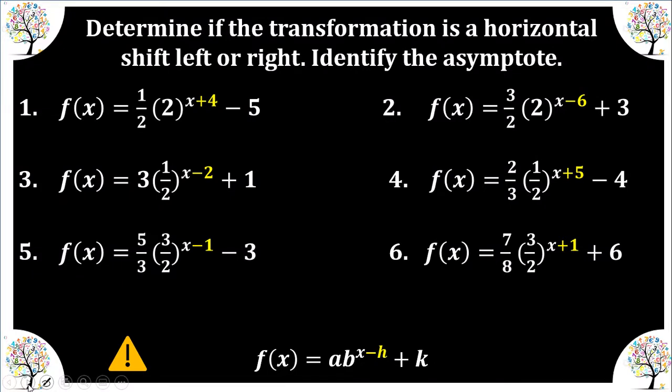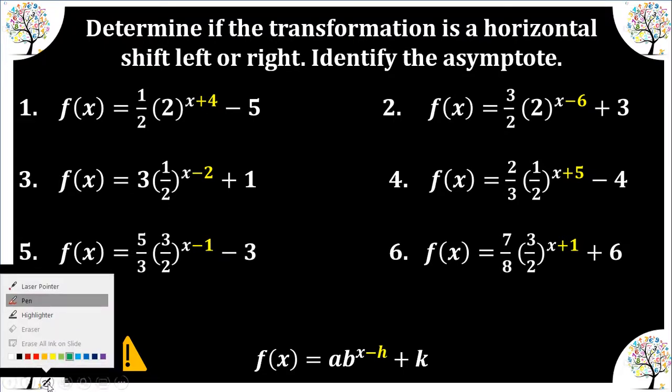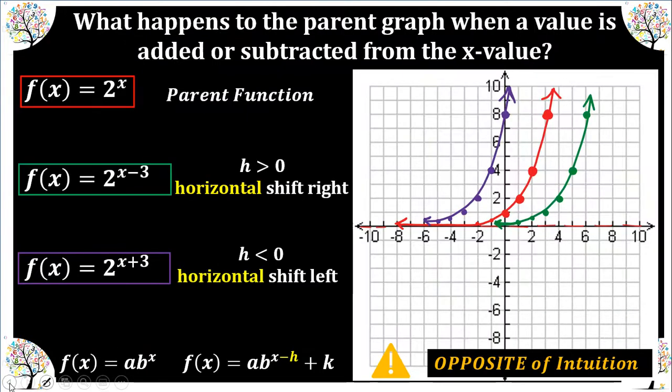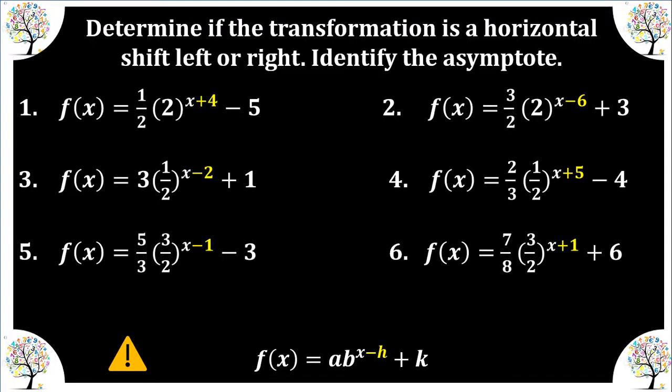Okay, let's determine which way we are shifting and identify the asymptote. Now, I do want to recall that when we only shift left and right, our asymptote stayed the same. So your h value does not affect the asymptote. So far, we've only discovered that the k value affects the asymptote.